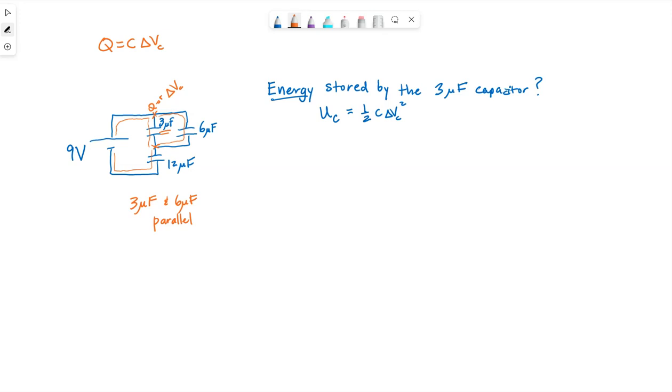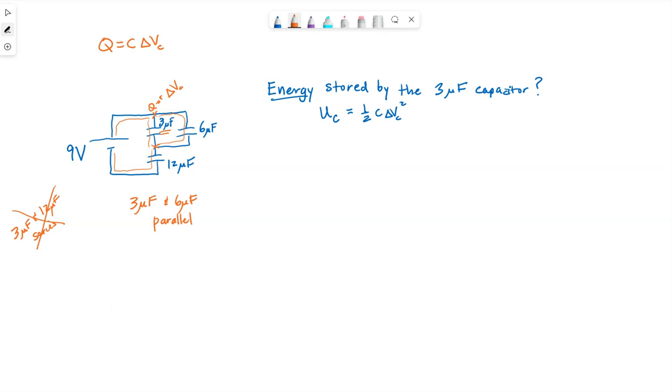I chose which one. What I cannot say is that the 3 and the 12 are in series. That's not true, because I don't have to go through the 3. I can take a path that takes me through the 6 microfarad capacitor and then the 12.